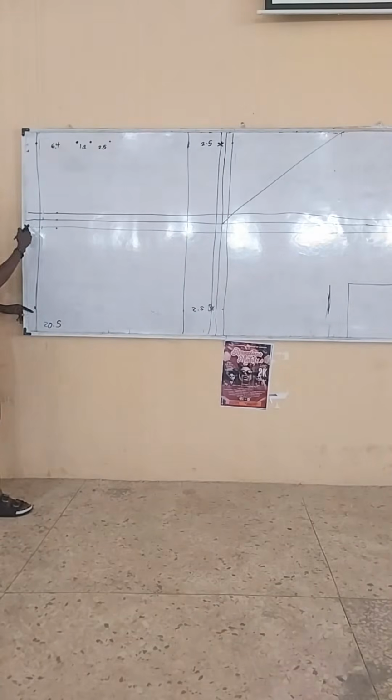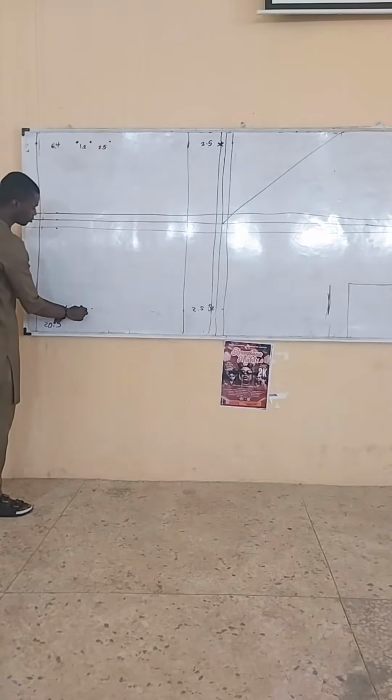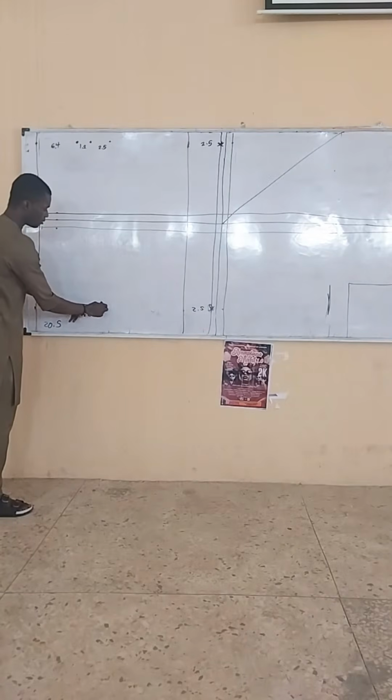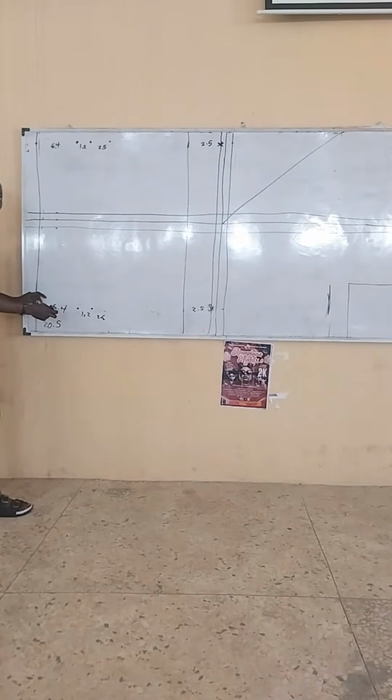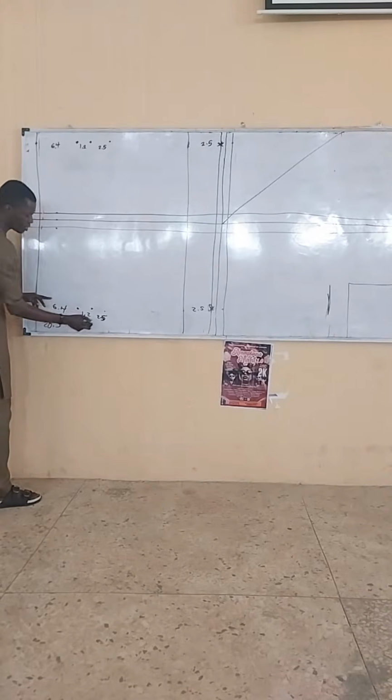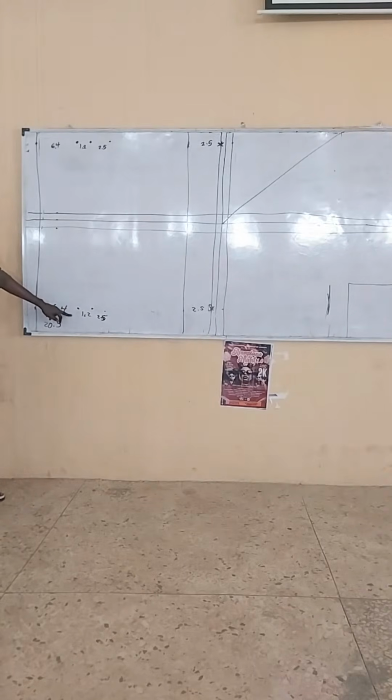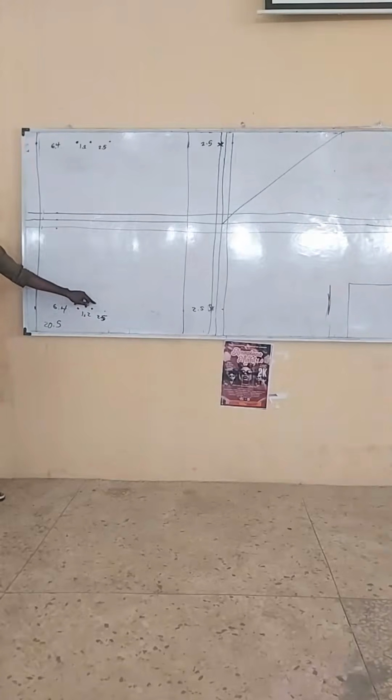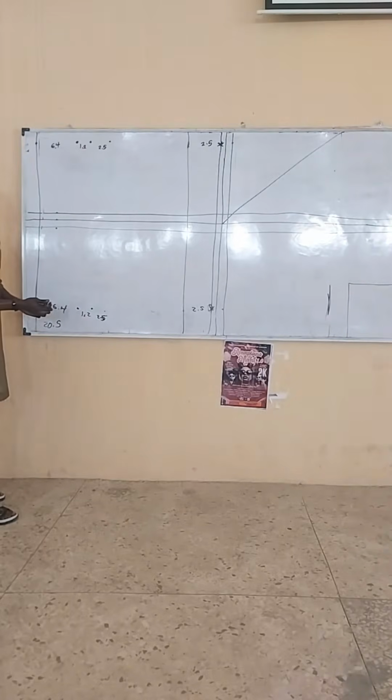Do the same thing downwards. From any point of the line downwards, mark 6.4, 1.2, and 2.5. When you get to 6.4, at the point of 6.4, get 1.2. At the point of 1.2, get 2.5.